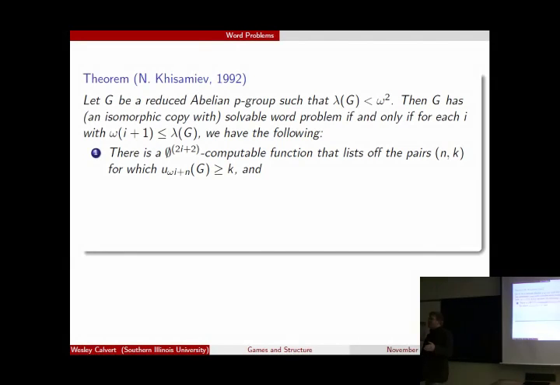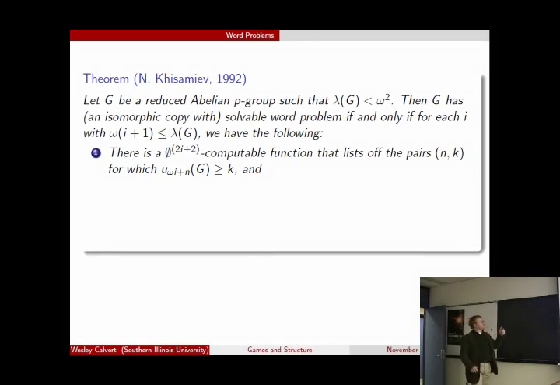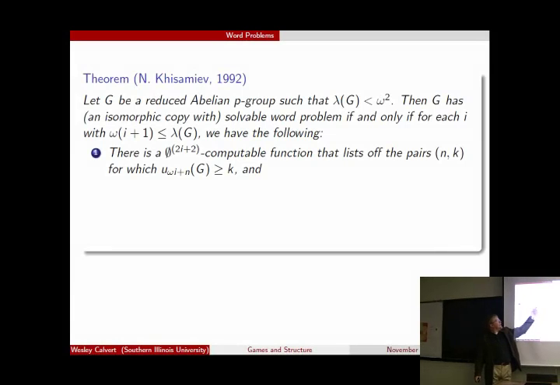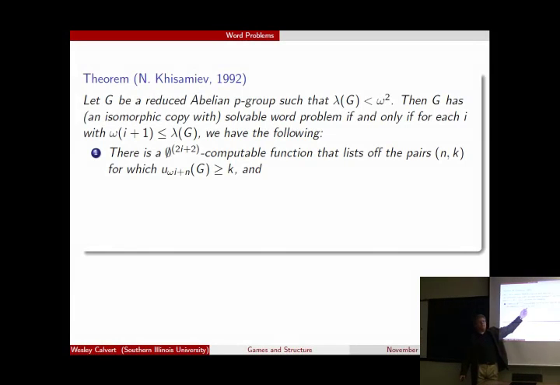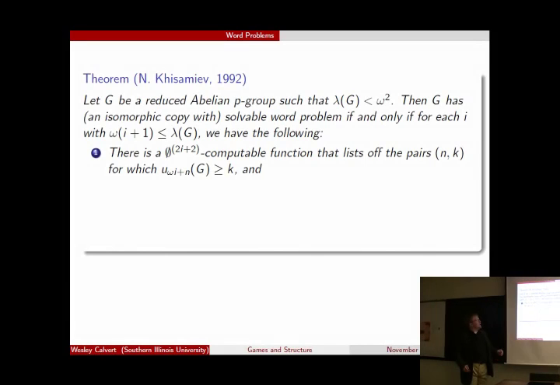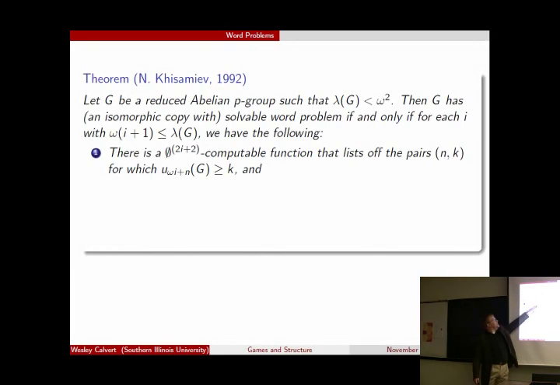So if i equals 0, if you're talking about just the length omega things, you're saying there should be at least k direct summands of type Z mod p^(n+1). You need information about those. And it has to be computable from the 2i plus second jump of the empty set.